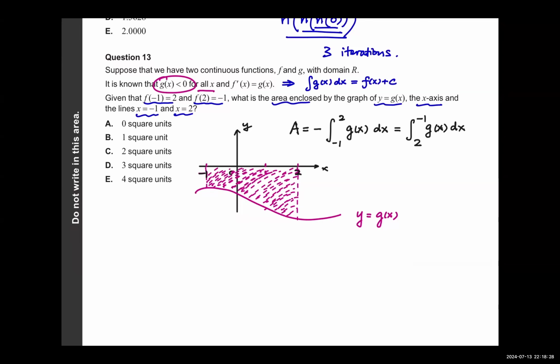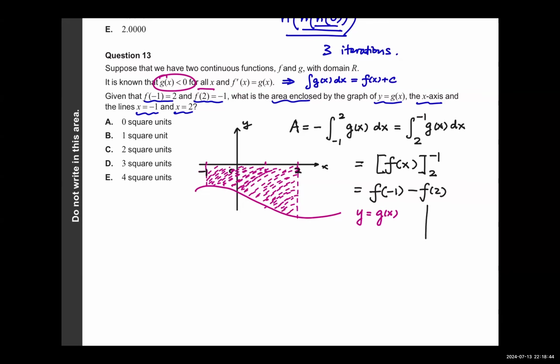Once we swap the order, anti-deriving g gives me f. This time it is from 2 to -1. Therefore, you should be able to get f(-1) subtracting f(2). That gives me f(-1) is 2, minus f(2) is -1, and that gives me 3 square units. So option D is the correct answer. A very smart question.